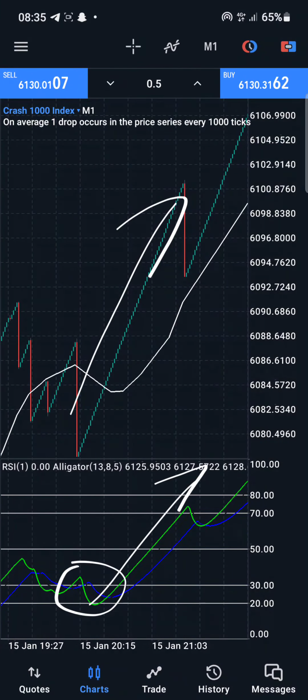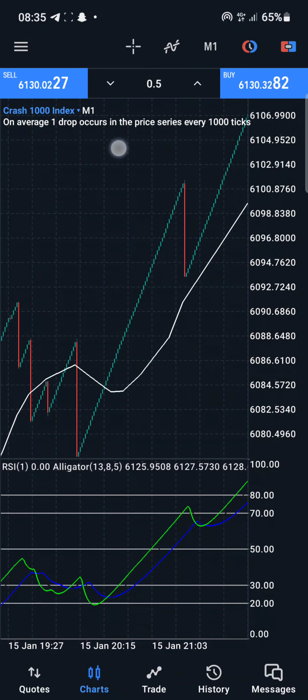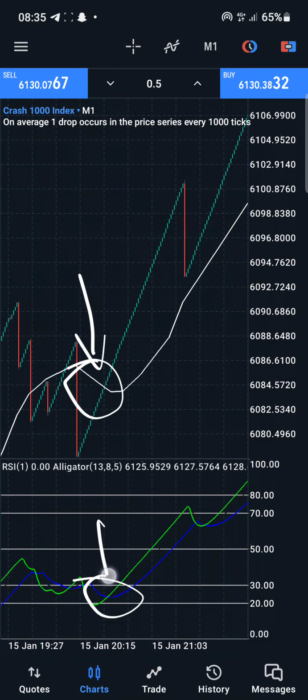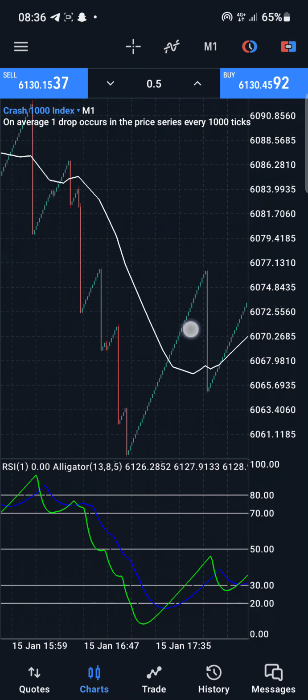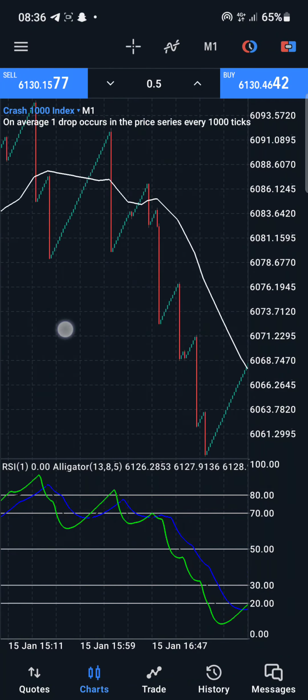Once you see an entry point signal, which is going to be somewhere here, when the market is oversold, then definitely we got a buy signal around here. We also got it around here, so we started buying. Then we should also set our stop loss in case the market goes the other way around. But in most cases you will always be in profit because it already gives you an opportunity to trade at that particular point. And of course you can also use it to trade the spiky part of it.